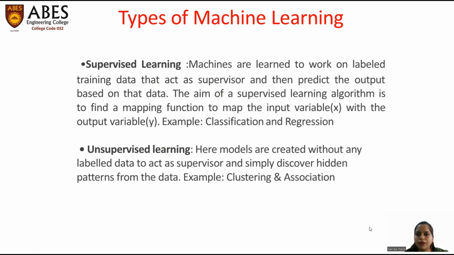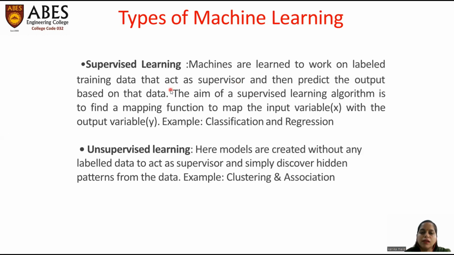Talking about the first one, the basic definition is: supervised learning is the technique where machines learn to work on a labeled training set that acts as supervisor, and then predict the output based on that data. As we all know, supervisor means someone who is helping the person to do anything.